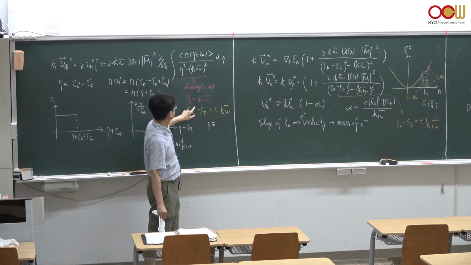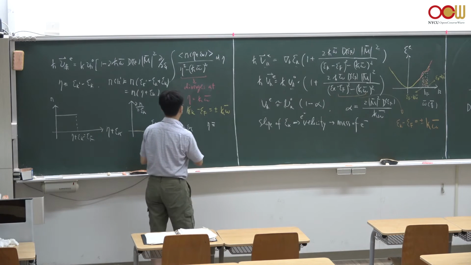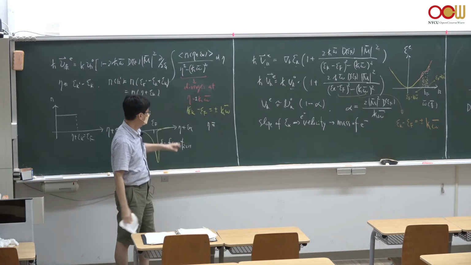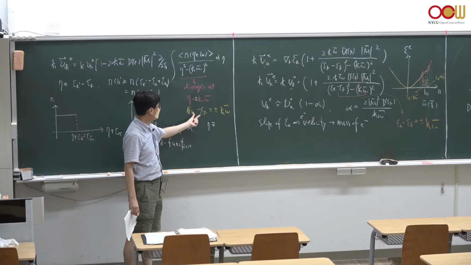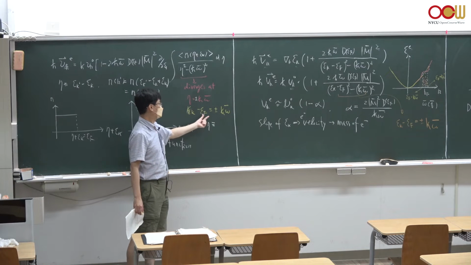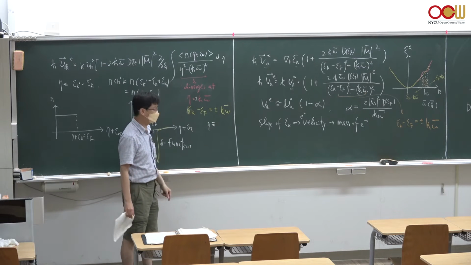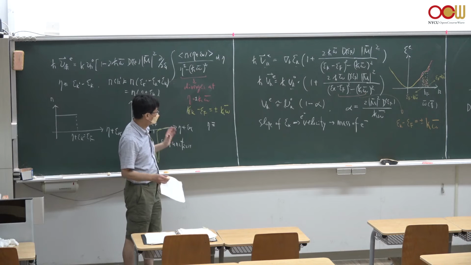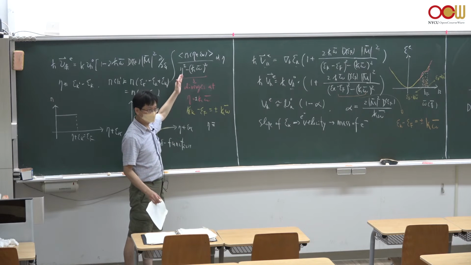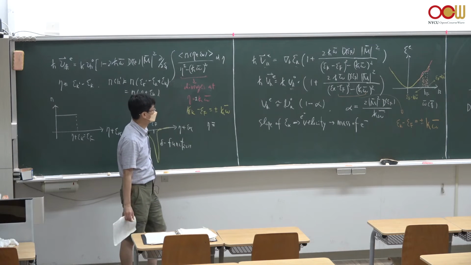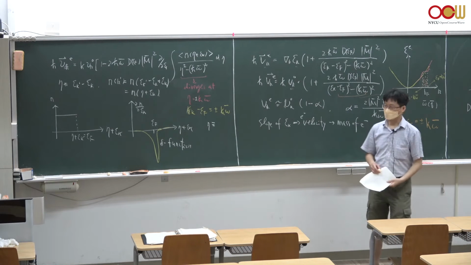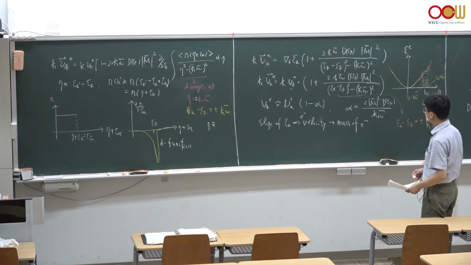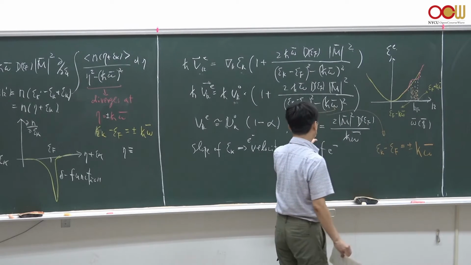when this eta is actually plus or minus h bar omega bar, which means that when this electron energy epsilon k relative to the Fermi energy is actually plus or minus h bar omega bar, which is the phonon energy, and this energy denominator vanishes, and therefore you get some enhancement of this correction due to electron-phonon coupling, and this enhancement factor is called alpha.